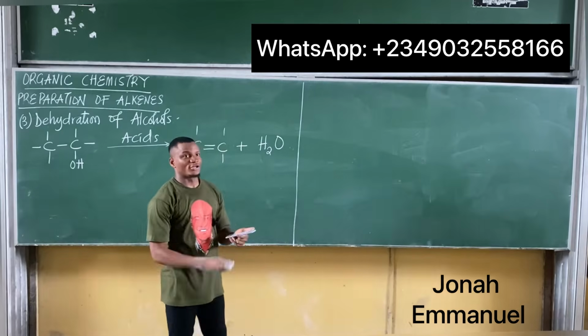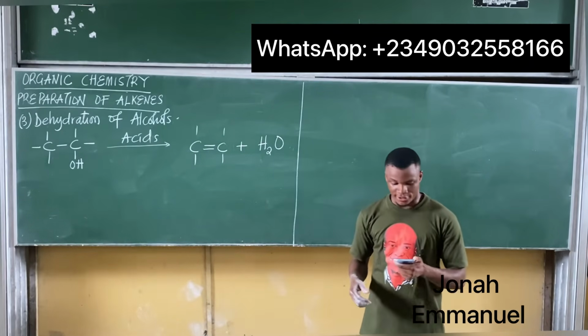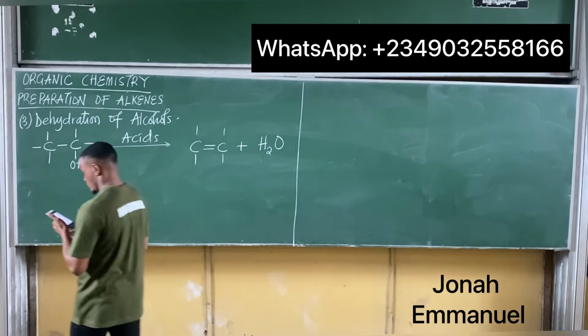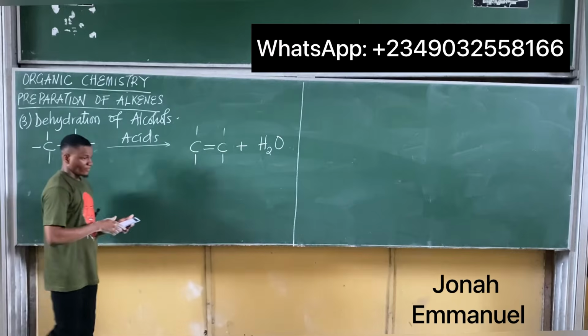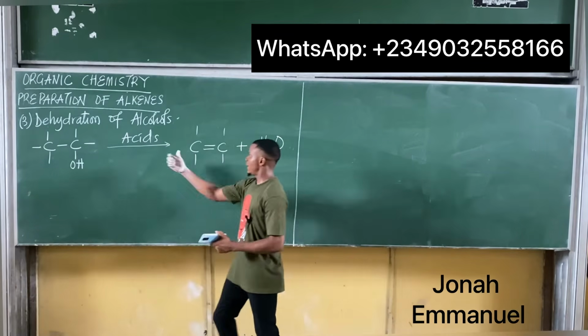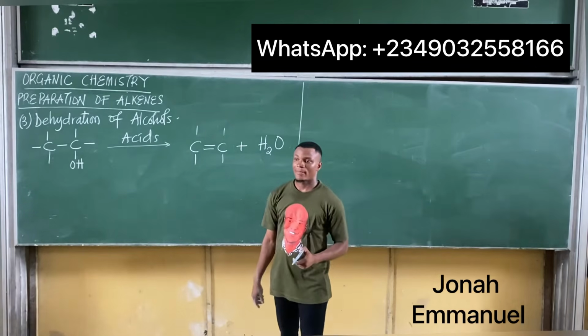Equation of reaction is given below. So you have this. So an alcohol, with acid, gives an alkene and water.